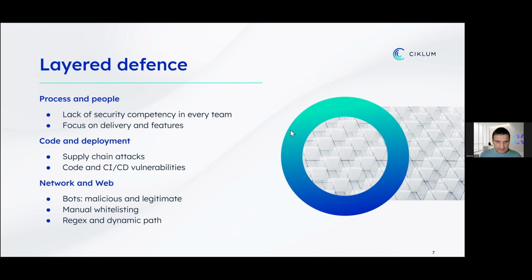Another problem is the manual whitelisting of things. Let me explain how it works and why it is important. We have lots of partners, lots of legitimate bots, and lots of companies who resell our services on our behalf.